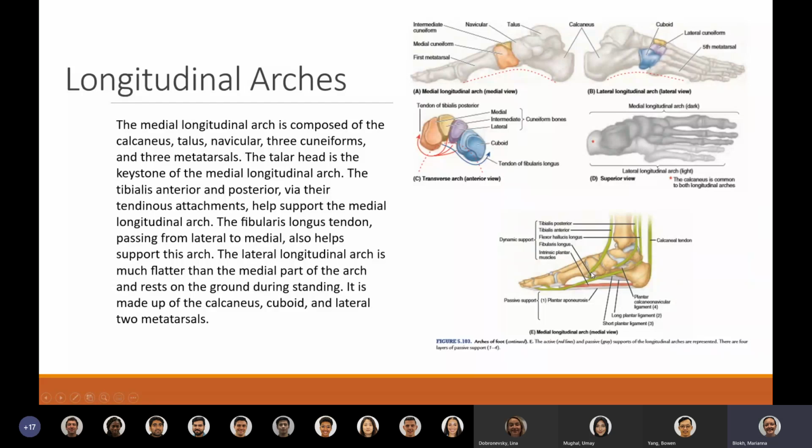And think about it. When you have dysfunction of these two muscles, especially the tibialis posterior, you lose that major girdle supporter of the medial longitudinal arch.